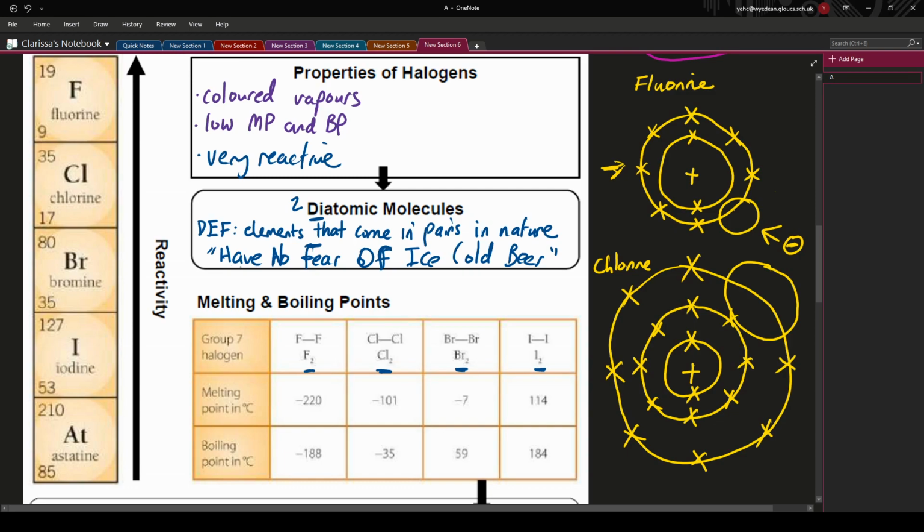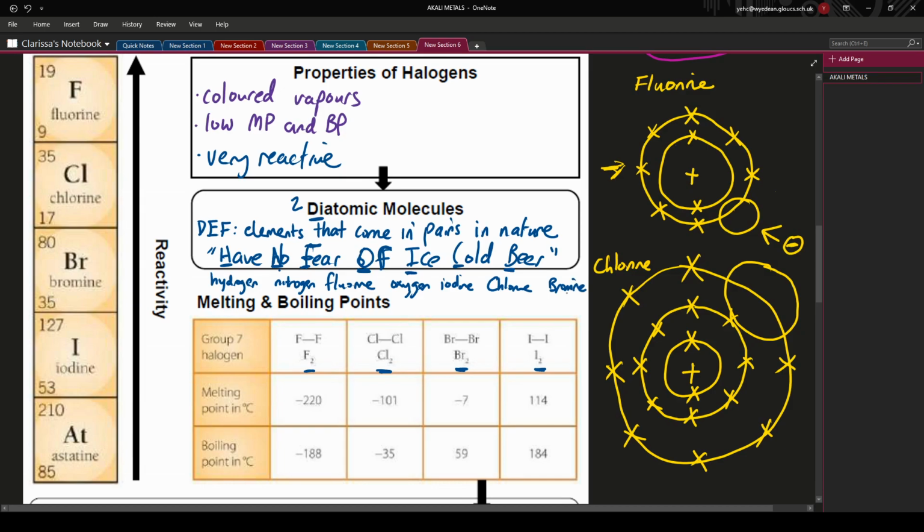So Have, H stands for hydrogen, N is nitrogen, F is our halogen fluorine, O is oxygen, I is our halogen iodine, C is chlorine, our halogen, and Beer stands for bromine.